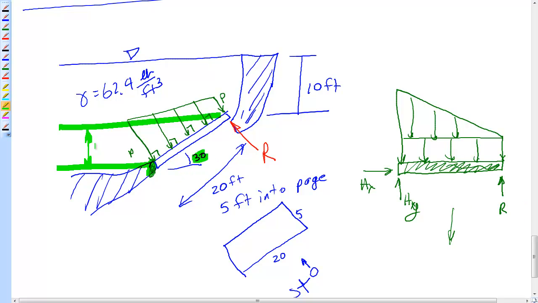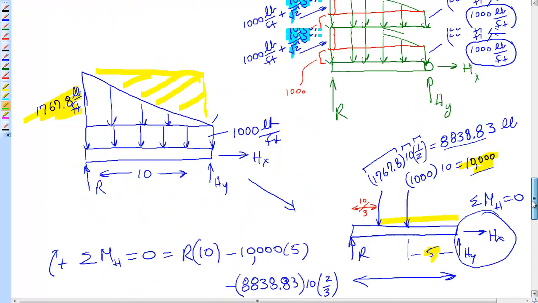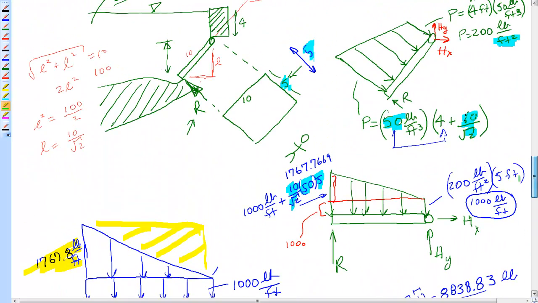So this depth right here that you're going to use in your equation that you did up here, which was, what, 10 over square root of 2, changes. Now there's a cosine or sine here associated with an angle.